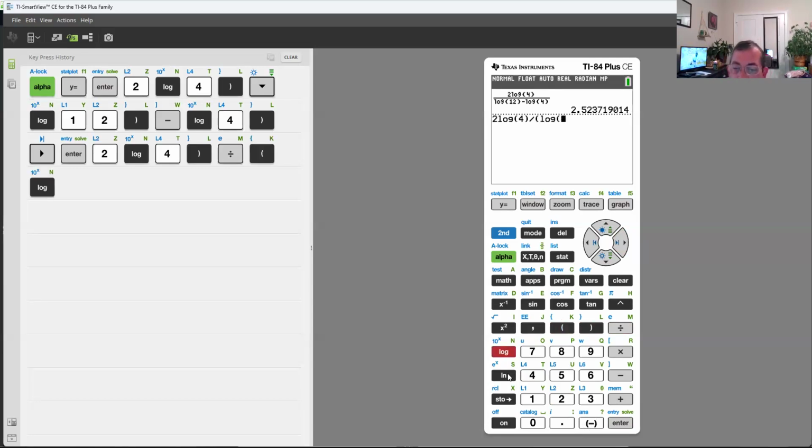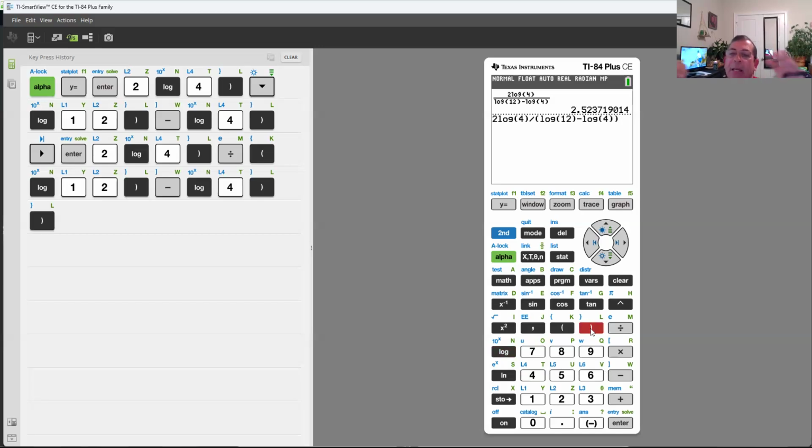And then I'll do my log 12, close its parentheses, minus my log 4, close parentheses, and then I would close parentheses because that's the end of my denominator. So notice, you got to have the extra parentheses in the bottom of that fraction, and then you hit enter. You get the same answer, okay?